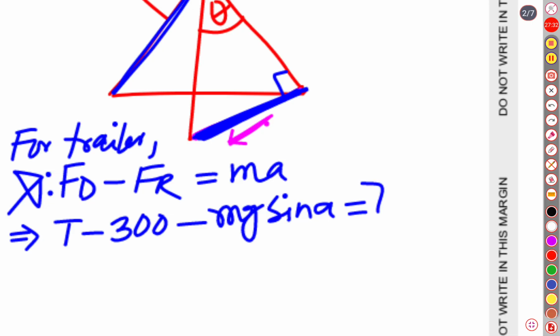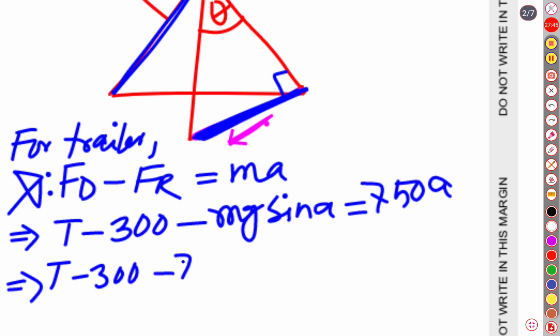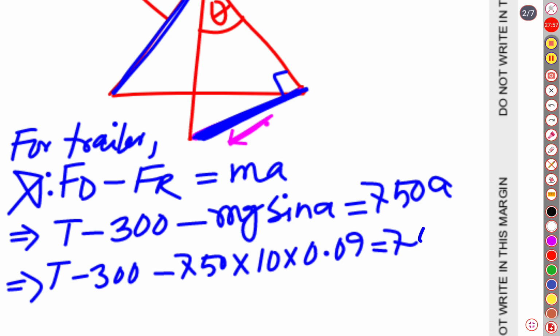Mass is 750 and acceleration is to be obtained, 750a. Let's write one more step: T minus 300 minus mass 750 into acceleration due to gravity 10 and sine alpha, which is given as 0.09, equals 750a.